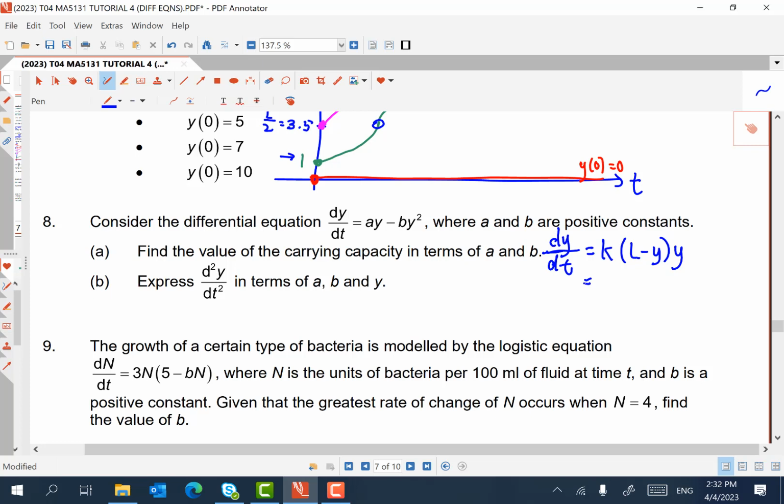So we need to write this as A, and then B. We need B and A as well.